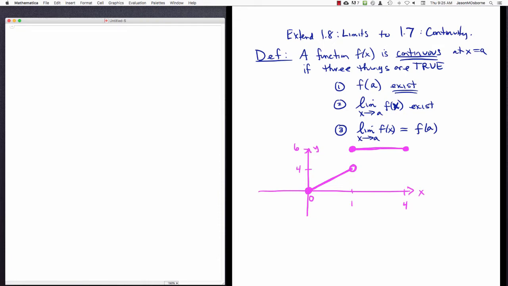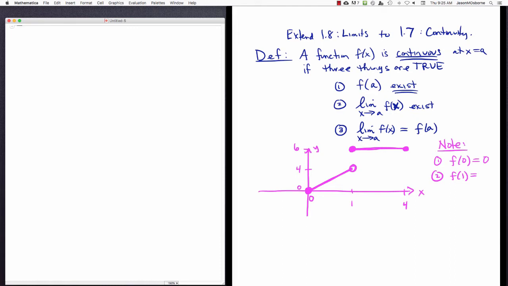Here are some questions we could ask, just some things to observe. First, this function at 0 is equal to 0. There's an open circle. Second, the function value at 1. Take a moment to think about what the function at 1 is going to be. The choices are it's either 4 or 6.